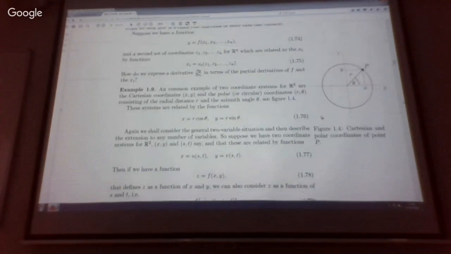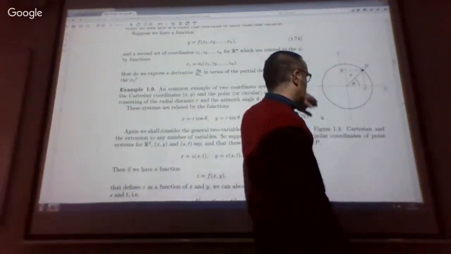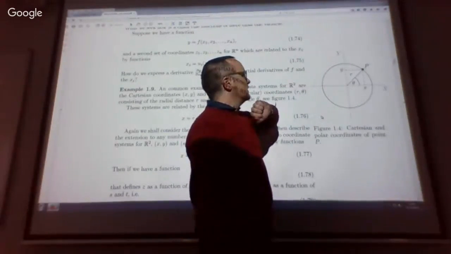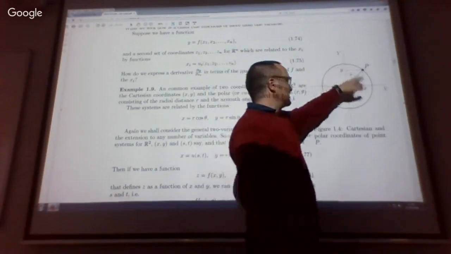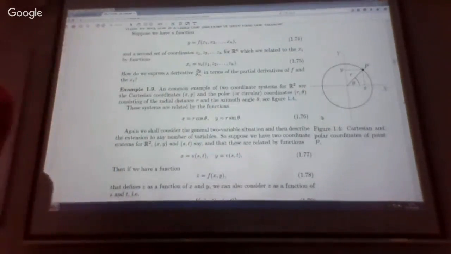And it's not hard to appreciate how, if you're studying some situation which involves circular motion around the origin or around a central point, well, the Cartesian coordinates are a bit clumsy for talking about circular motion around a center point. You end up having to talk about expressions in x and y involving the square roots of the sums of squares.